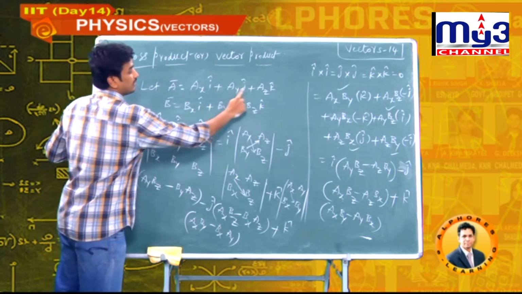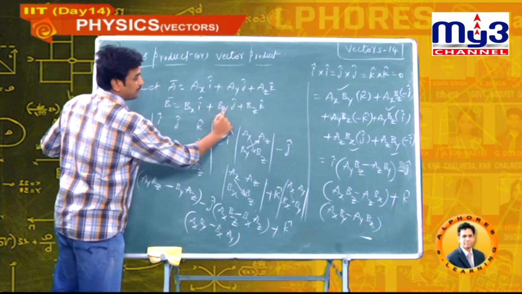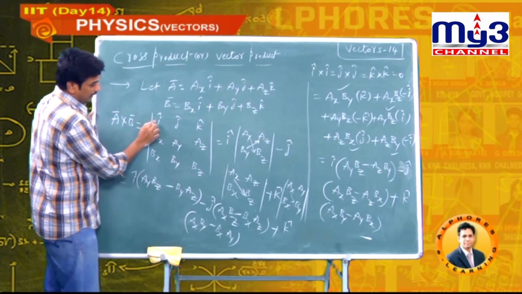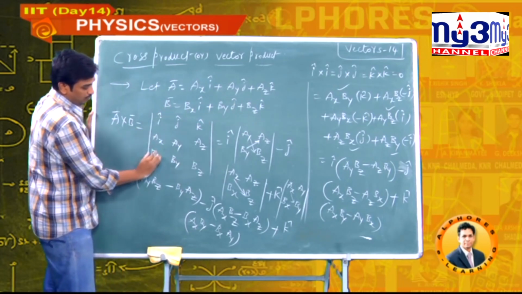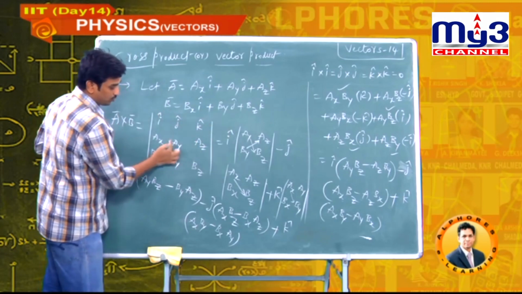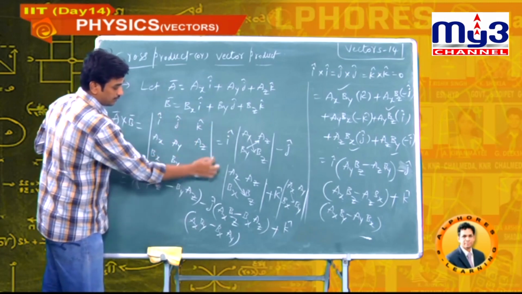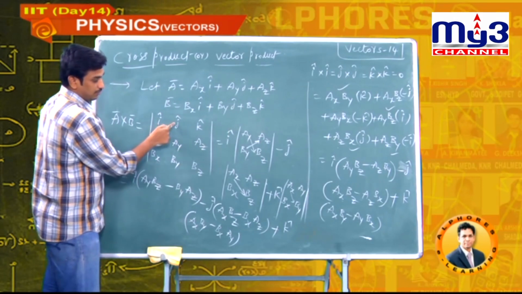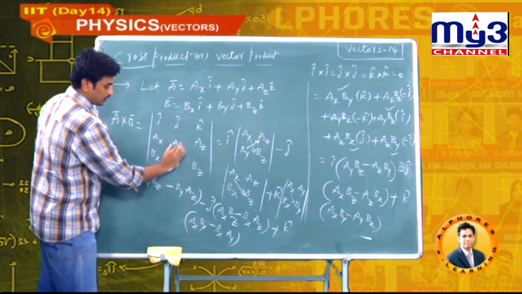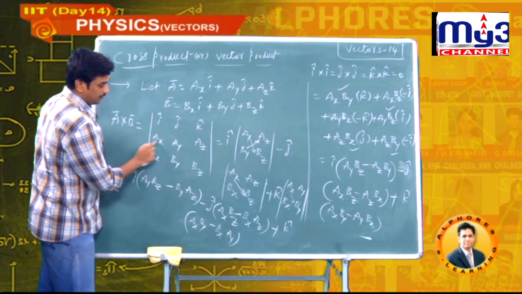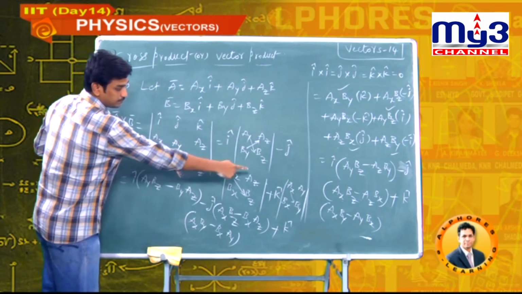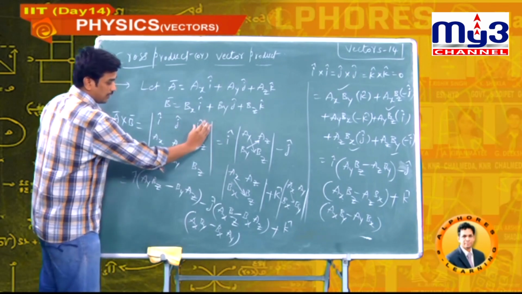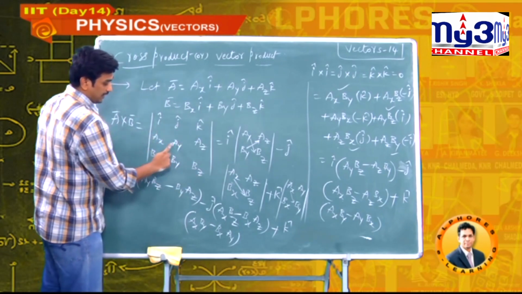So Ax, Ay, Az, Bx, By, Bz. First I cap. When you are writing this, the row and column you forget. Remaining part this only, no. Determinant of this. After that plus minus J cap. Forget about this column and row. Remaining part Ax, Az, Bx, Bz. Plus K cap. Forget about this row and column: Ax, Ay, Bx, By.